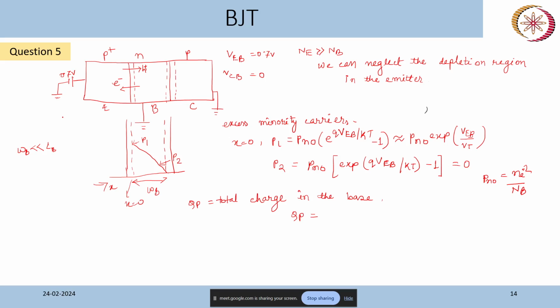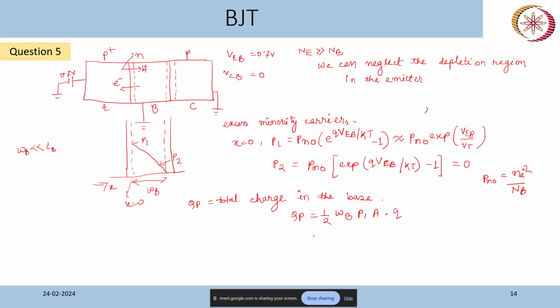So it is like a triangle, so we can use half. This is WB, P1, and we have to calculate the cross section area like this direction. Okay, so multiplied with area, and we multiplied with Q because of the charge. Okay, so this is the expression for the charge in the base region.